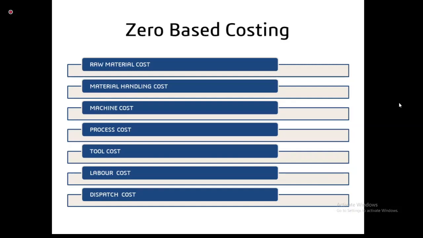So what happens is that your cost is foolproof. The process of zero-based budgeting starts from zero base. Whenever I am doing the costing of the component or the budgeting of the product, I start the calculations right from its baseline, that is, right from its zero base. That is the reason it is termed zero base.